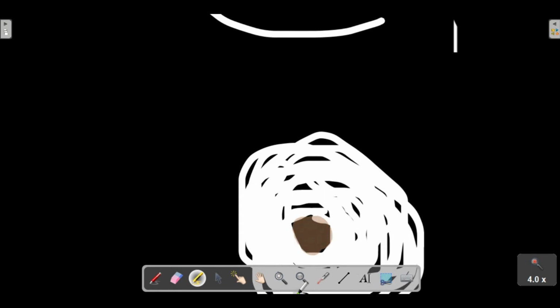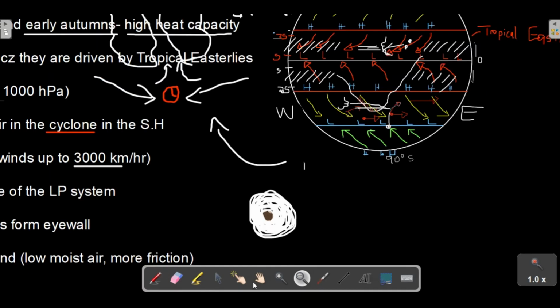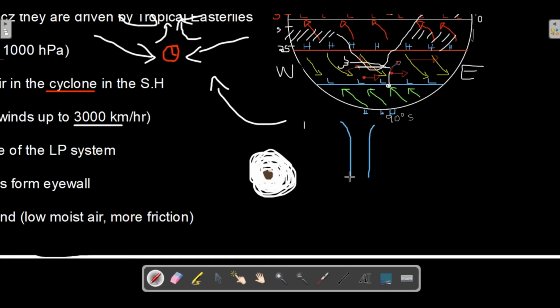So the eye is calm because instead of rising air, it actually has descending air, or sinking air. As we know, as air sinks down, guys, it warms up.